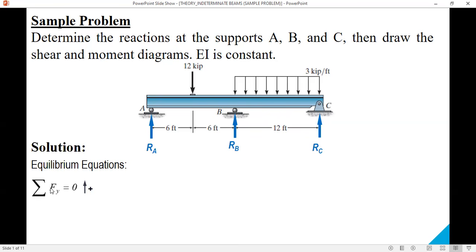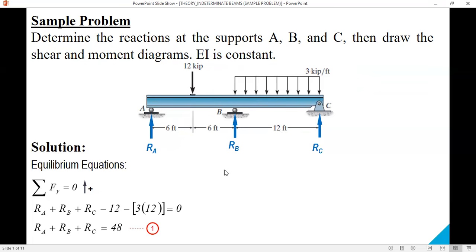So let us now sum up force along the vertical or y-axis, upward force denoted as positive. So we have RA plus RB plus RC, minus 12, minus the resultant of the uniformly distributed load, 3 times 12, which is 36. Simplify, transpose the constant terms to the right side, and we have this one. This will be our equation 1.